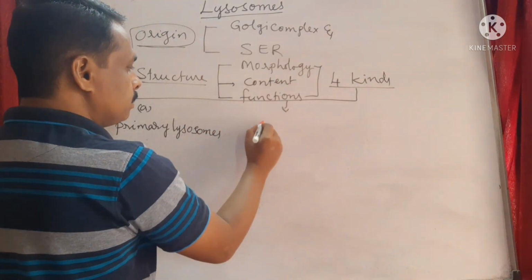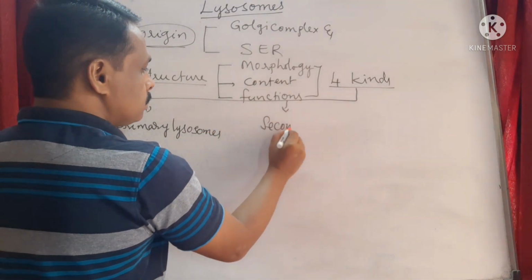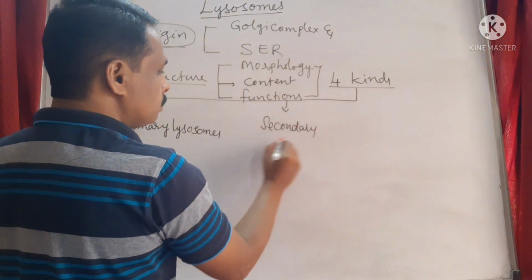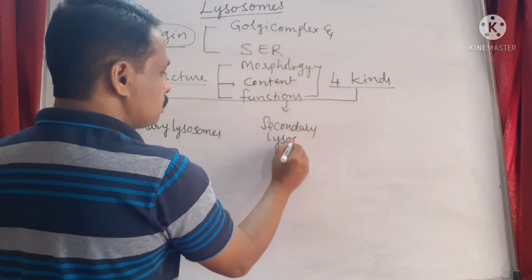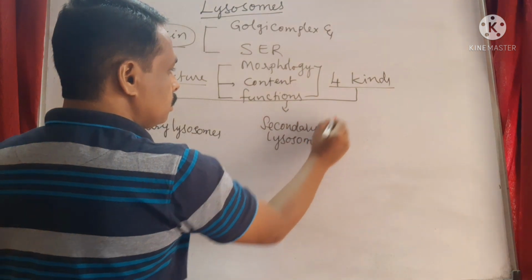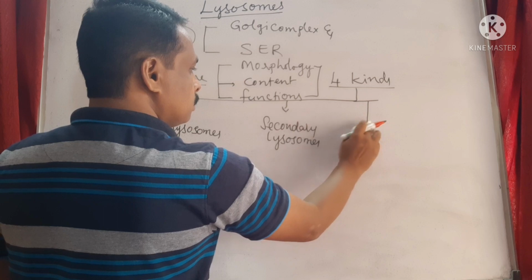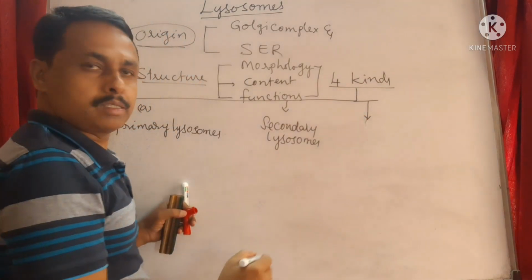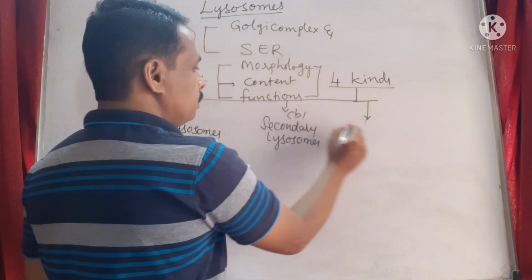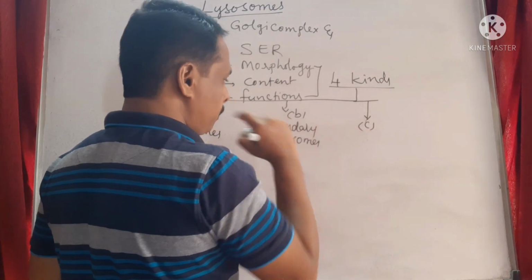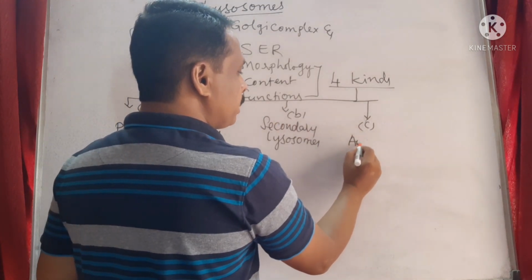Second one is secondary lysosomes, otherwise called digestive vacuoles. Third one is autophagosomes.